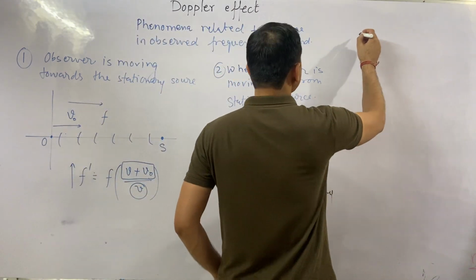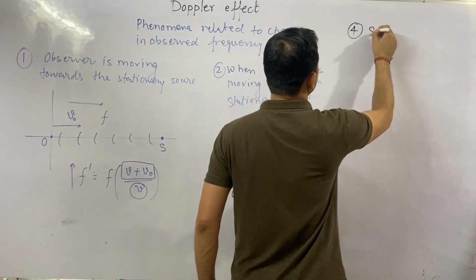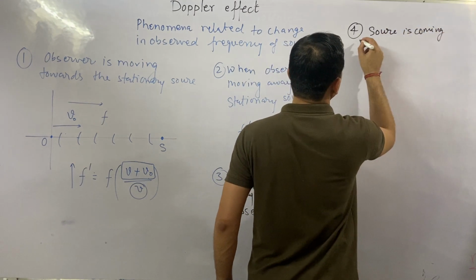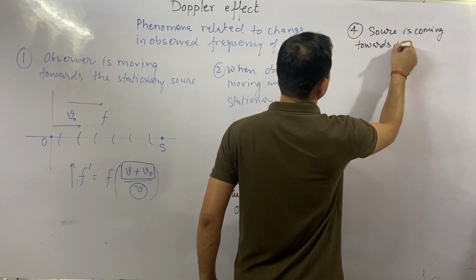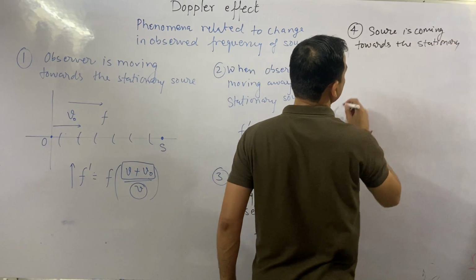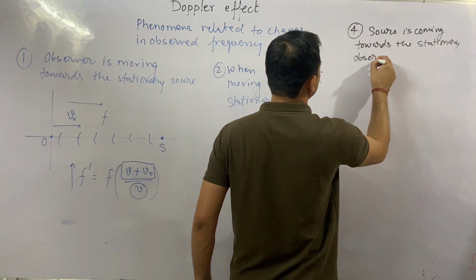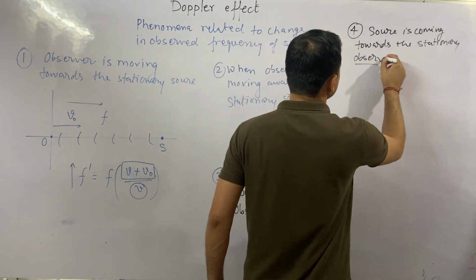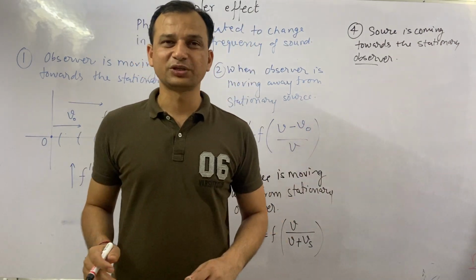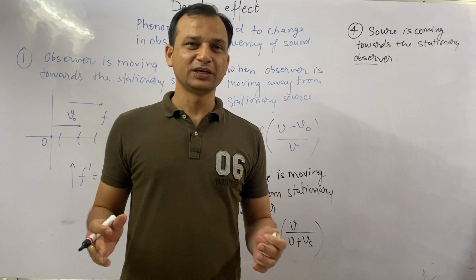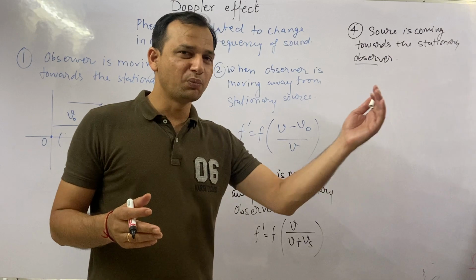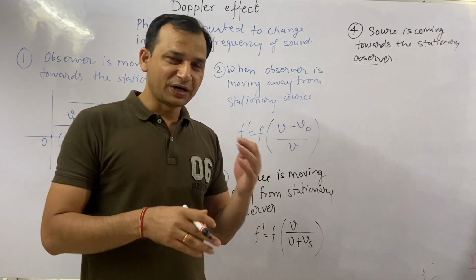Now in the fourth condition, the source is coming towards the stationary observer, and now you may have guessed, when the source is coming towards the stationary observer, the observed frequency should increase because the observer will receive more waves per second.